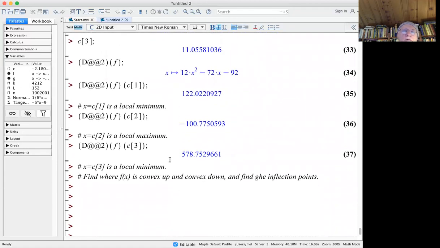Well, you get that from the second derivative. So the inflection points, at an inflection point, the second derivative is certainly 0. So let's do f solve. Where is the second derivative equal to 0?